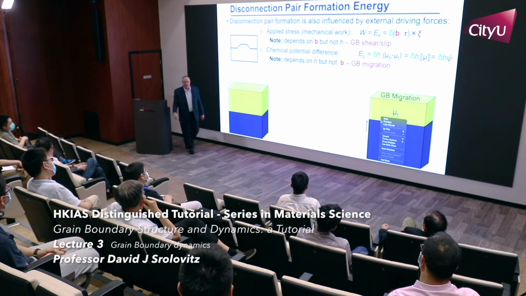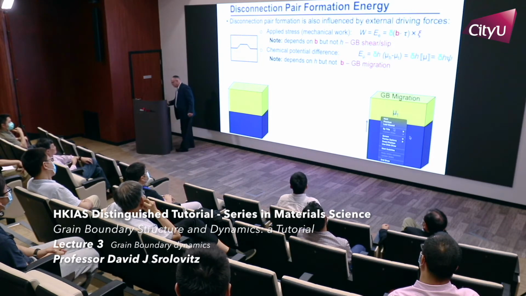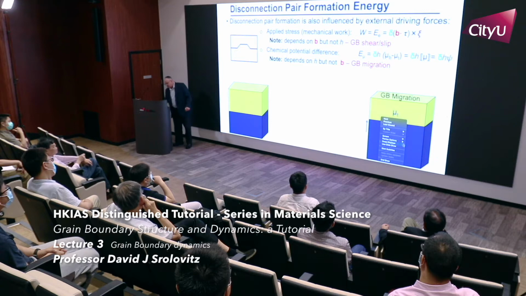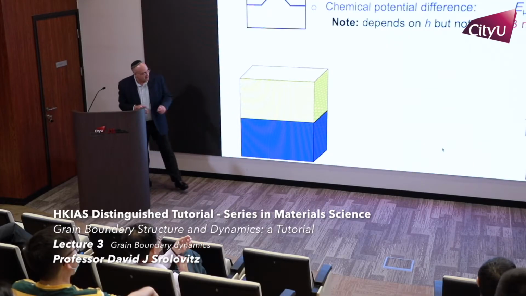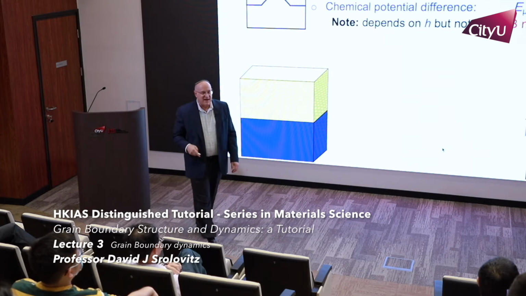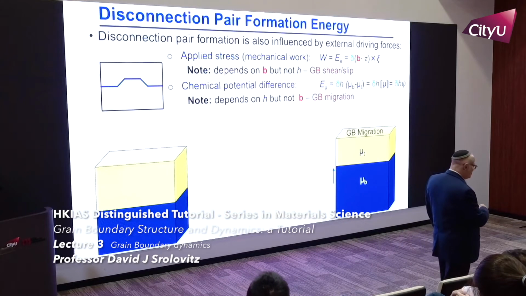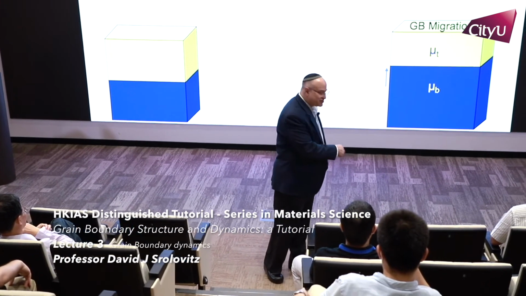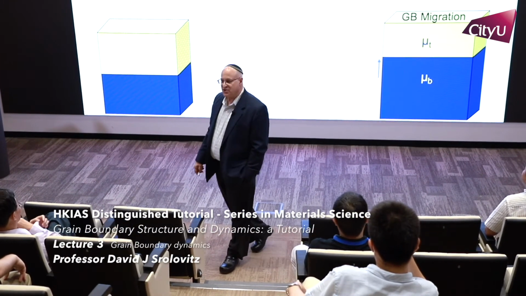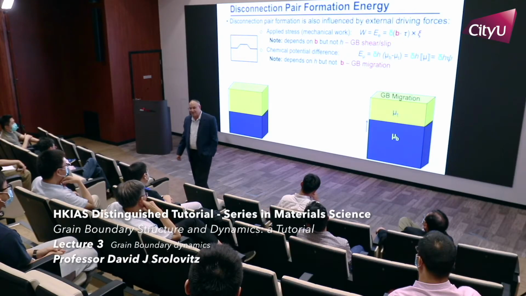Now, let me do something a little bit more thermodynamic. Let's imagine that I have a bicrystal, and the chemical potential in the top half is different than the chemical potential in the bottom grain. So what could that be? It could be strain energy differences between the top and the bottom.